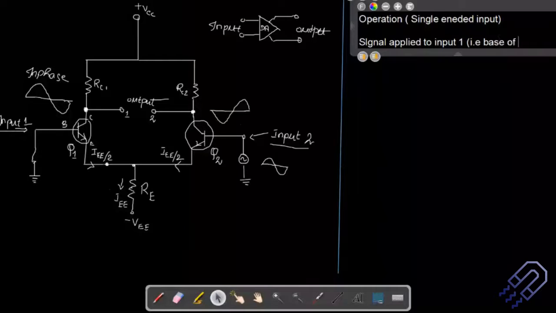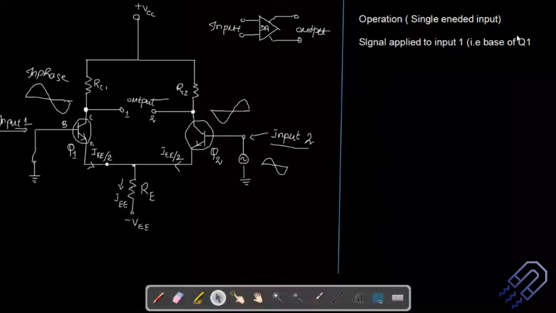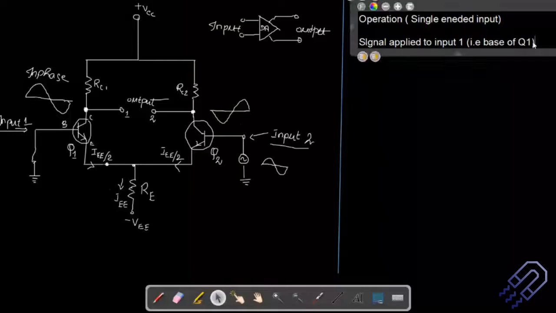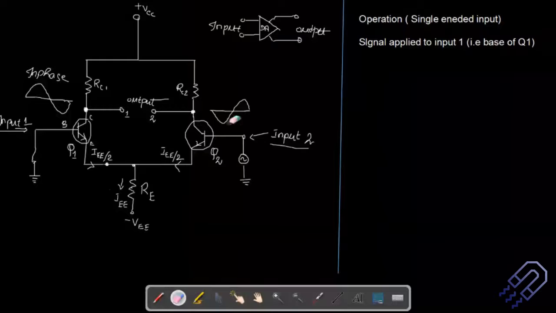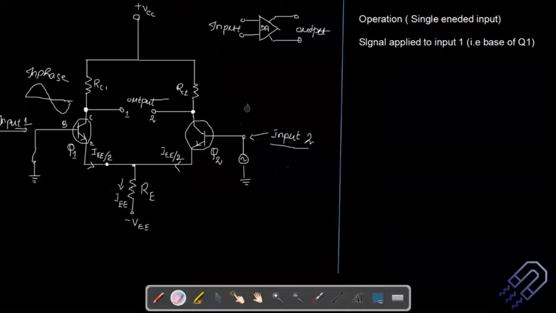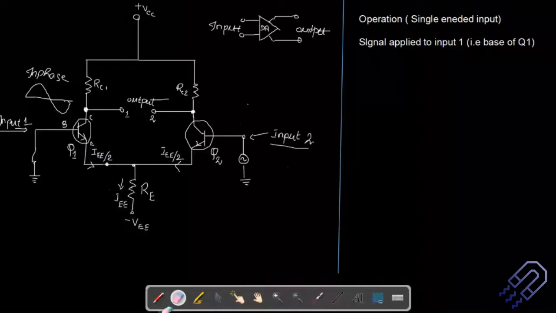So you are going to apply a signal to the base of Q1. If I rub off whatever we have on this side and this part, what we have is the base of Q1, and we are going to apply a signal at this particular end.